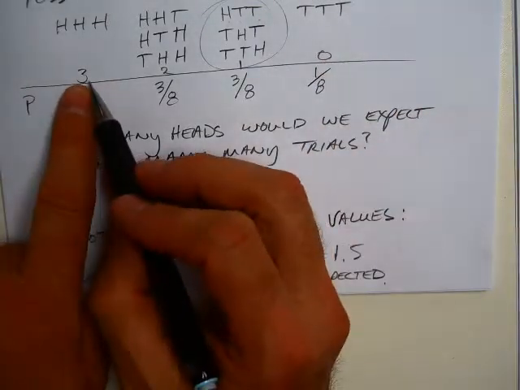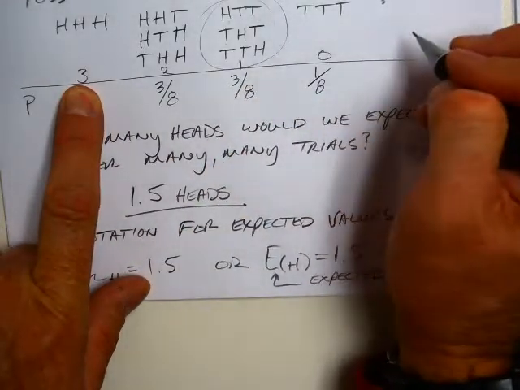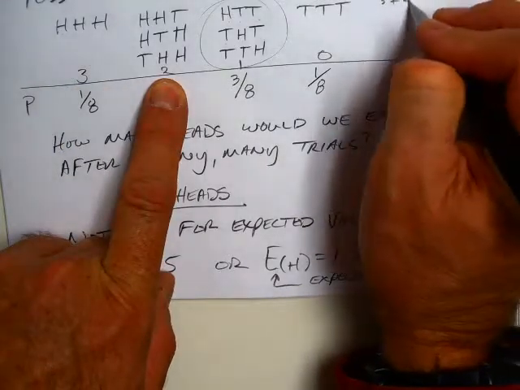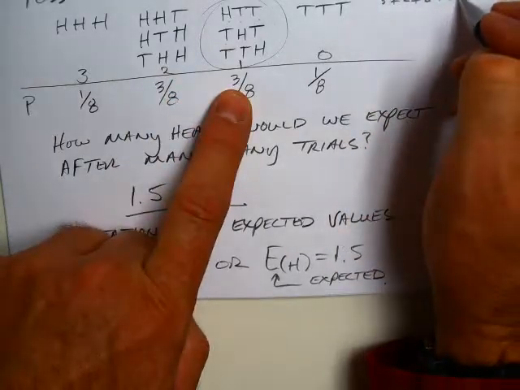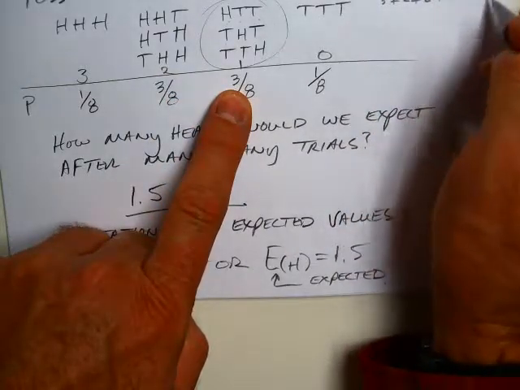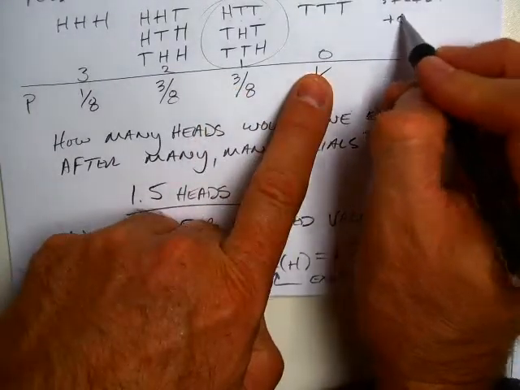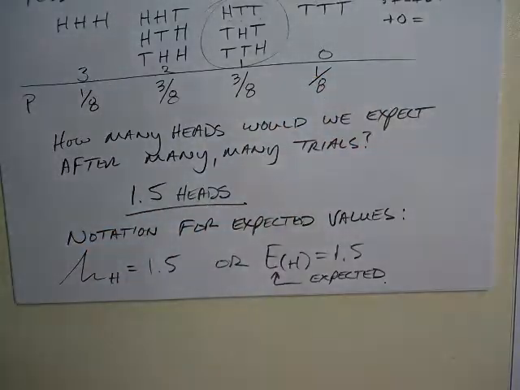And if I averaged this out, 3 happens once in 8, 2 happens 3 times, 1 happens 3 times, and I'm running out of space here, and then 0 happens 1 time. If I added those up and divided by 8, I should get 1.5, I think.